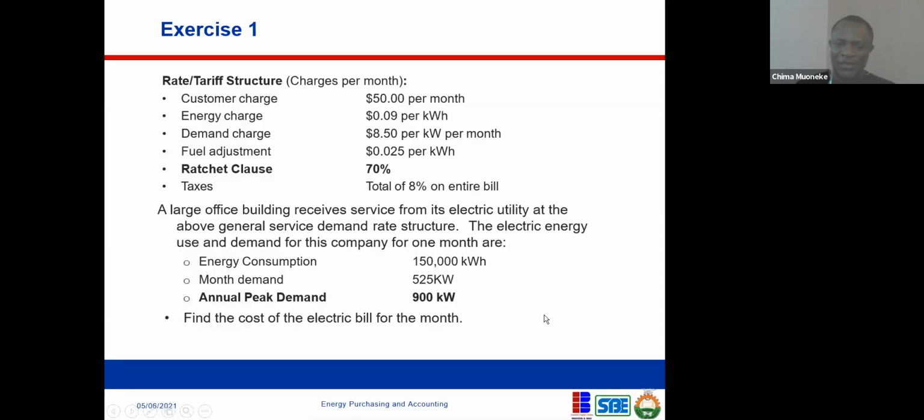So I have just added the demand for the month, which is 525. However, his annual peak is 900. So sometime in the year, he has touched 900. In that case, we are now introducing the ratchet clause.